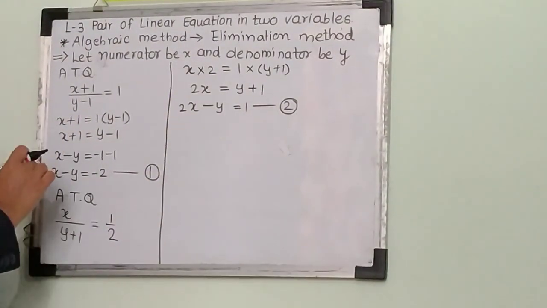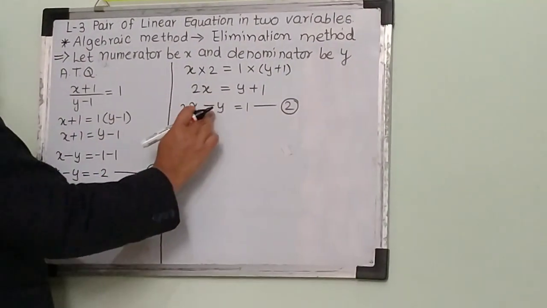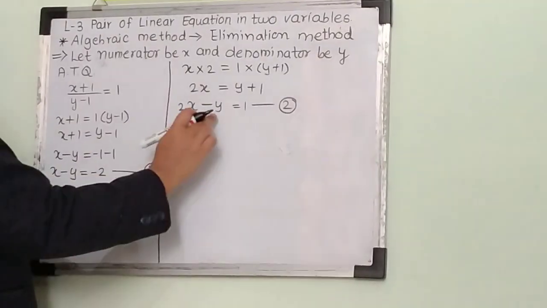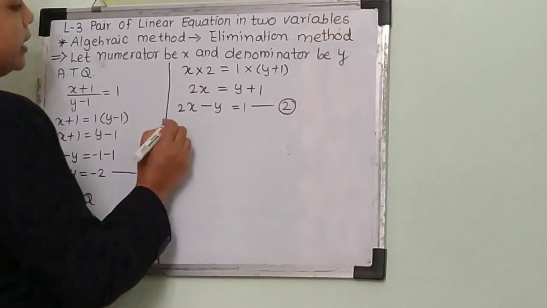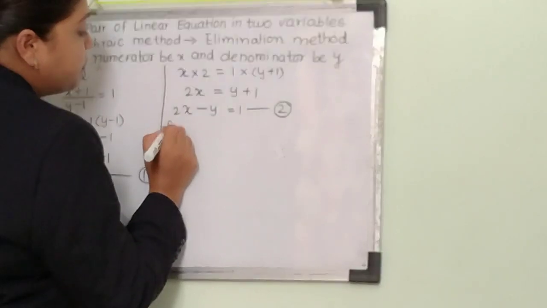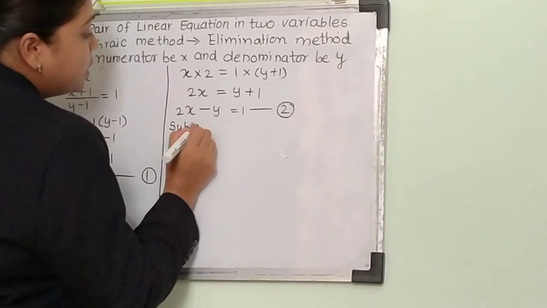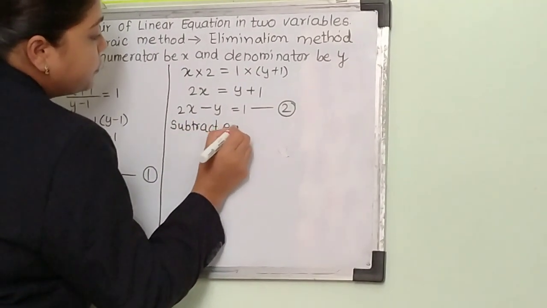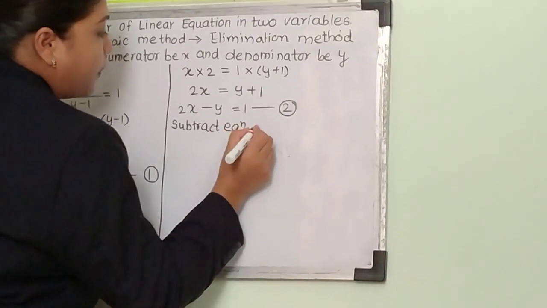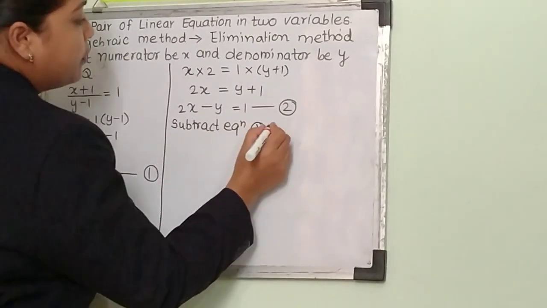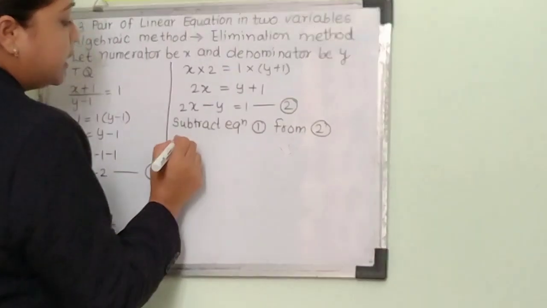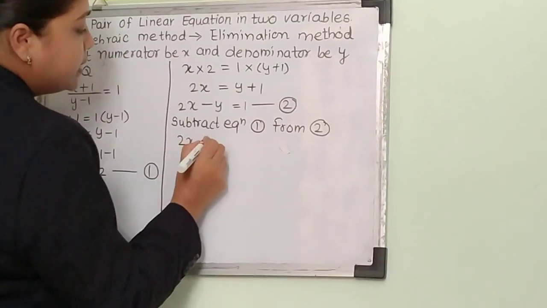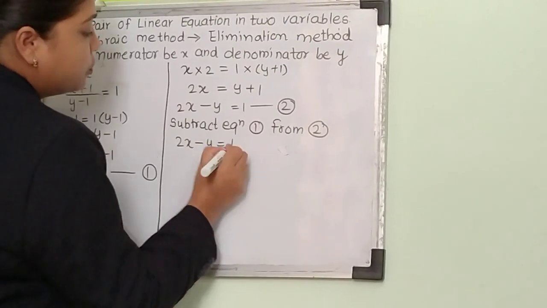So the coefficient of y is the same in both equations, so we can subtract equation 1 from 2. My second equation is 2x minus y equals 1.